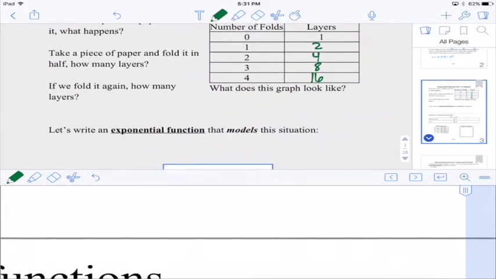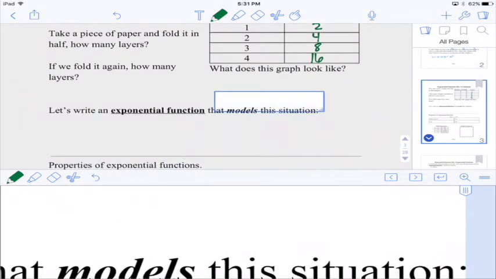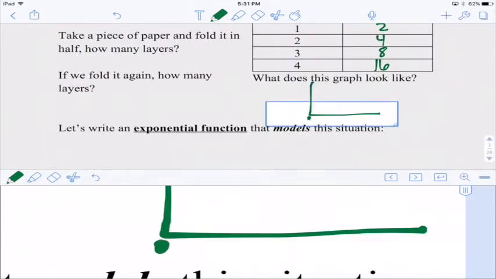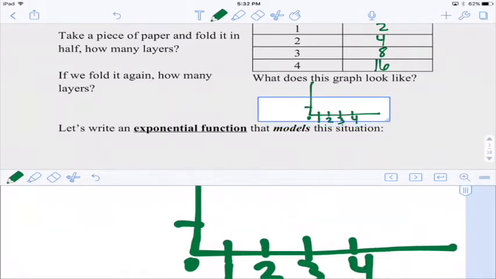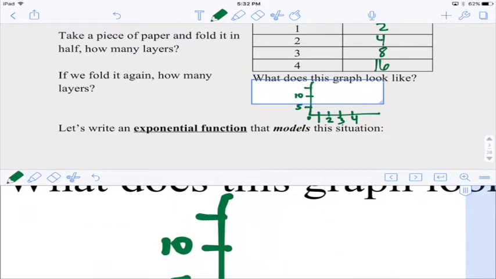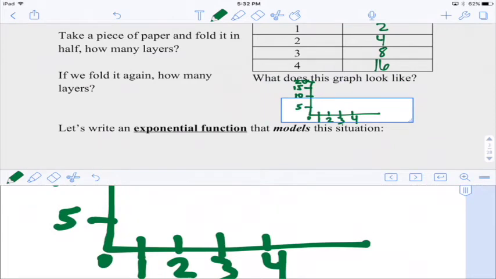So, what does a graph of this look like? Well, we could draw a real quick graph. So here's a very quick graph.